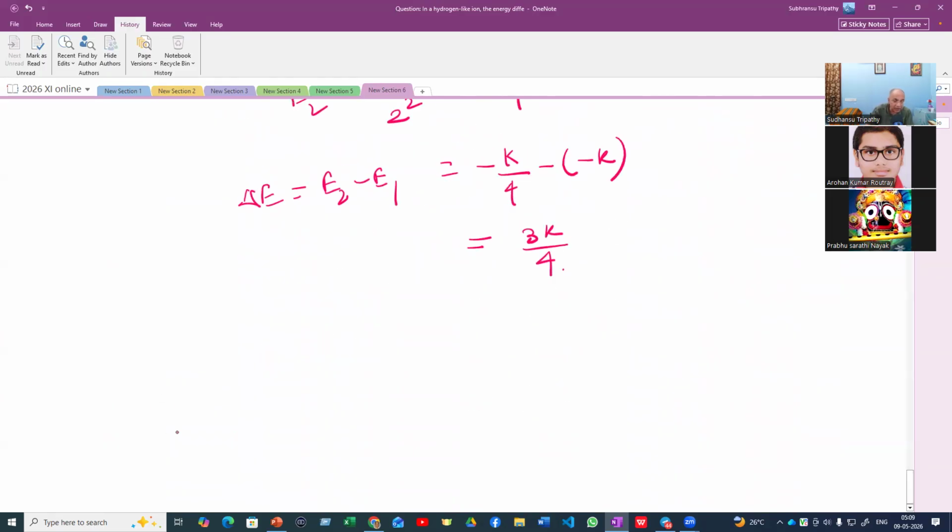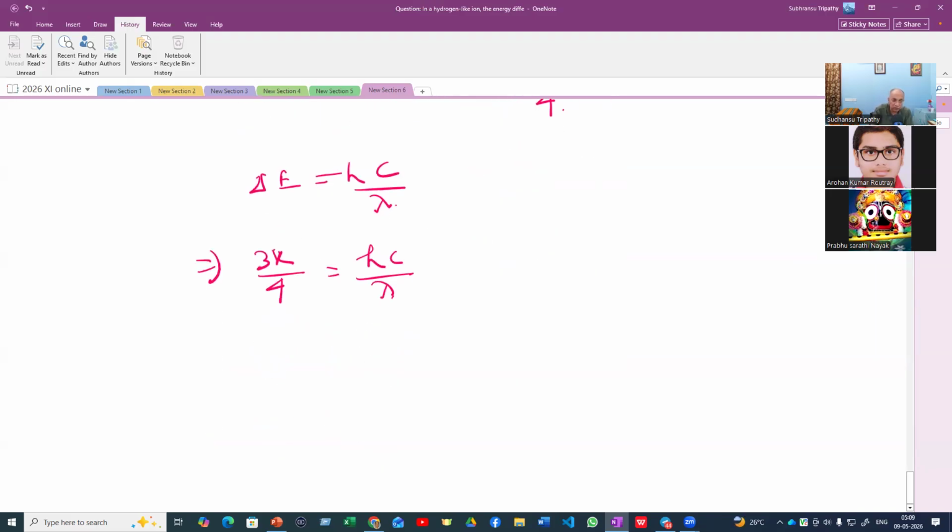And we apply the third postulate, del E is equal to Hc by lambda, because I have asked you to find lambda. So 3K by 4 is equal to Hc by lambda. So then lambda is equal to 4 Hc by 3K.